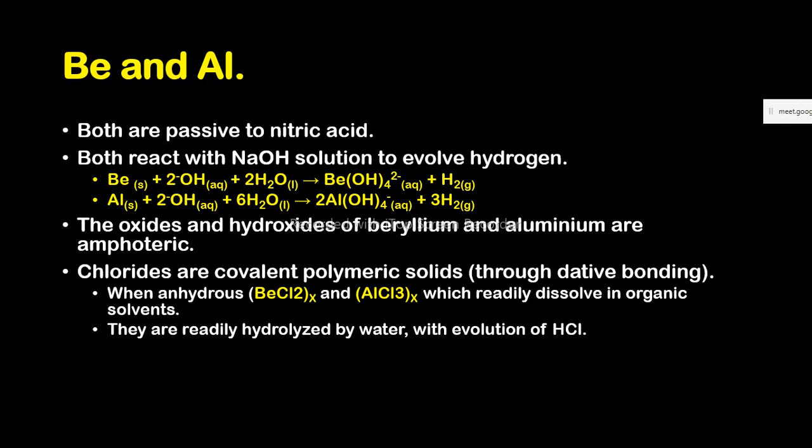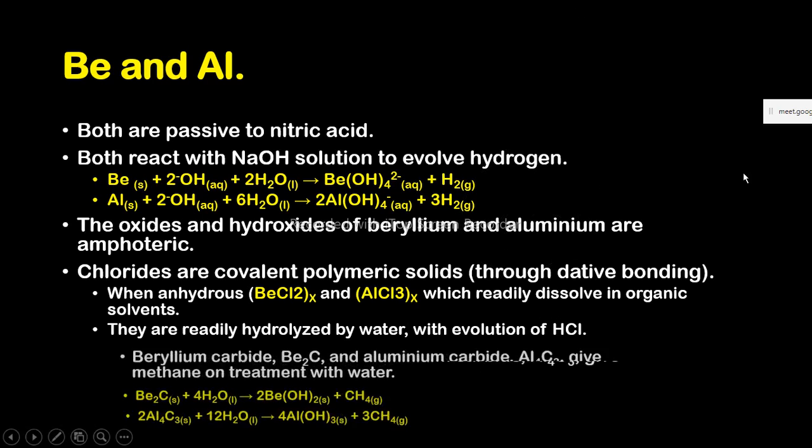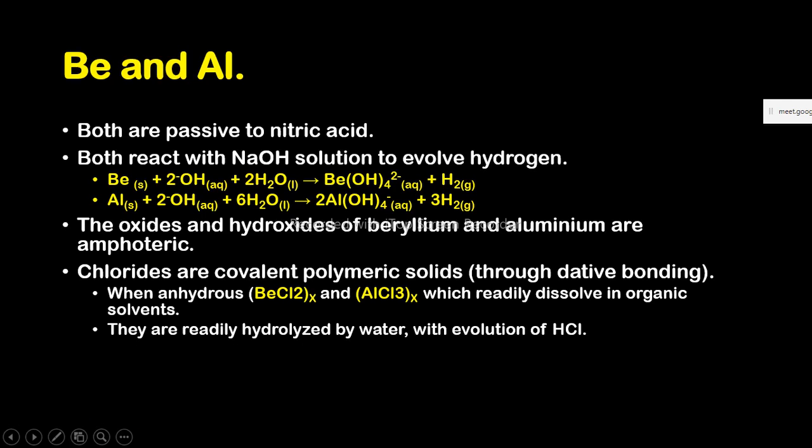Now, because of high charge density and a high polarization power, both the chlorides of beryllium and aluminium do dimerize. Where is my pointer? It has disappeared. They do dimerize. What does that mean?